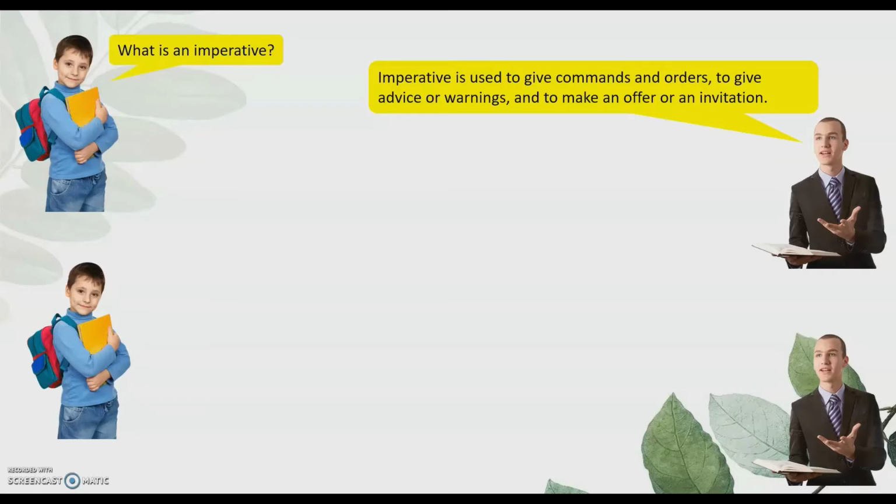Okay. The second one, to give advice or warning. What is the meaning of to give advice or warning? Okay. To give advice is to tell someone how they should do something, or to give a suggestion about what someone should do.